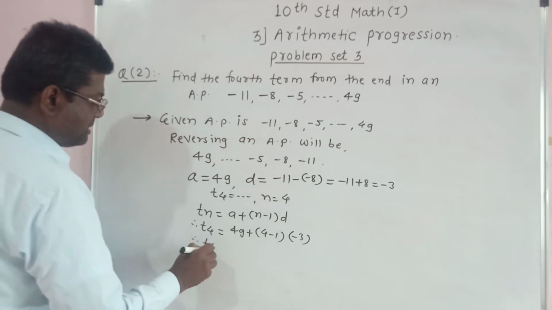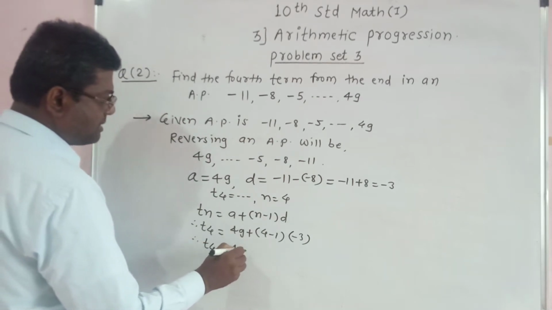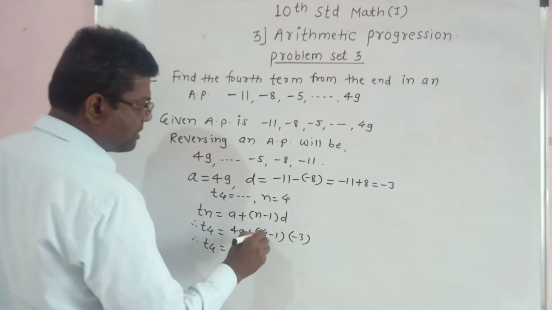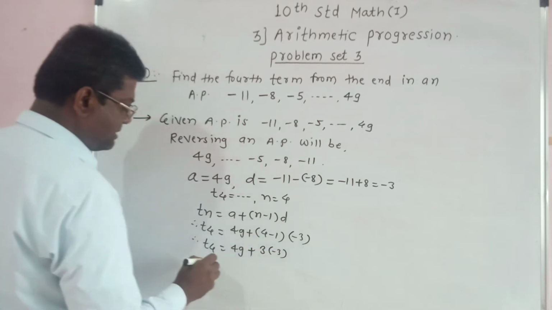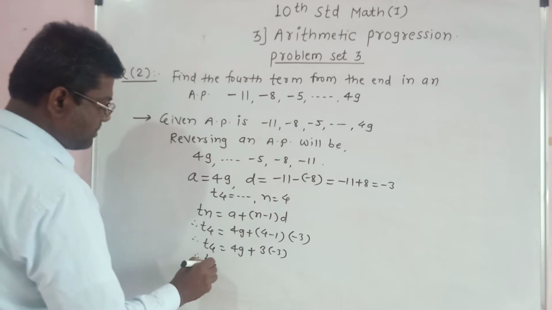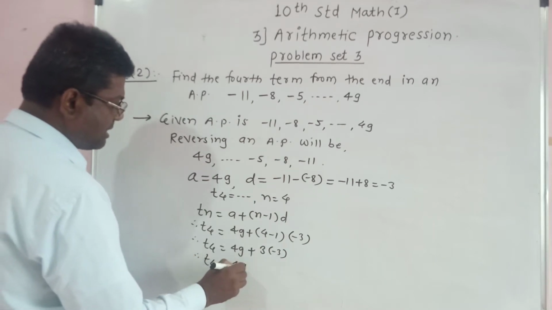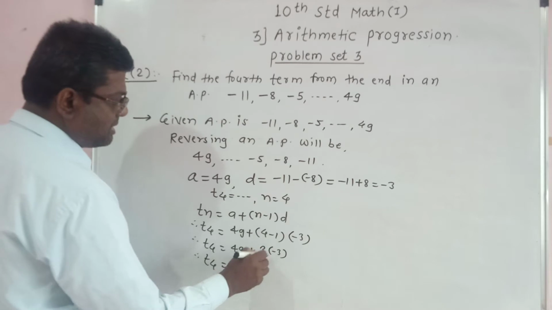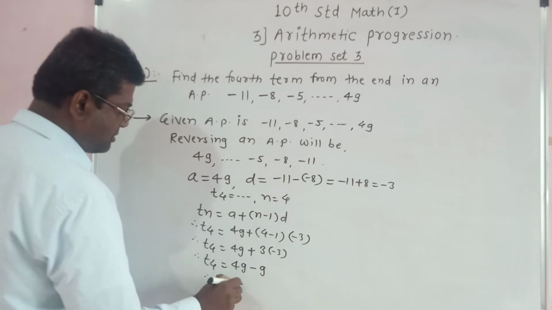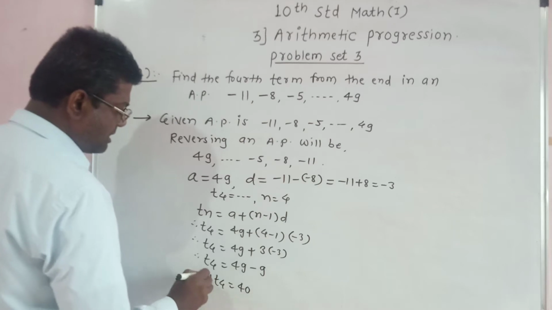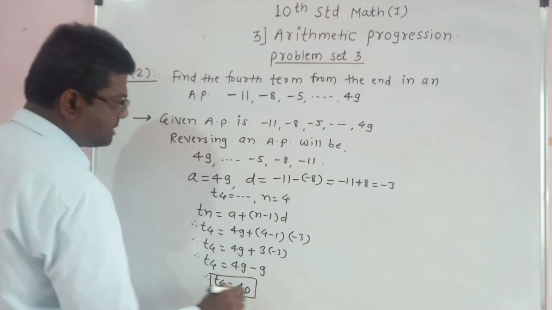Therefore T4 is equal to 49 plus 3 into -3, which is 49 minus 9. Therefore T4 is equal to 40.